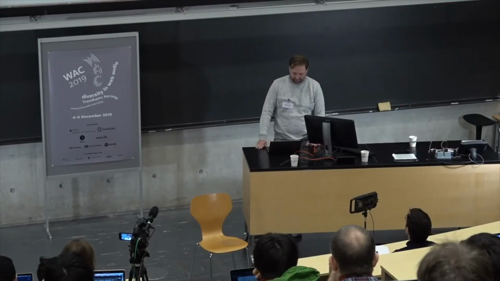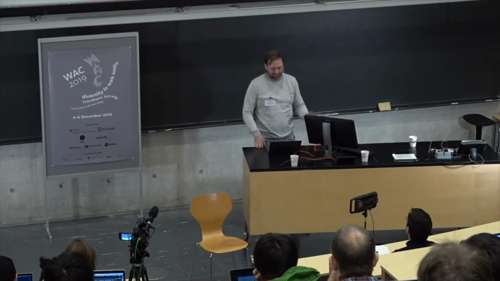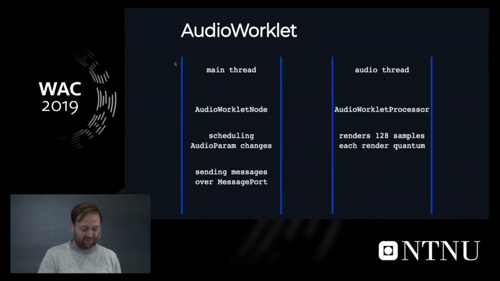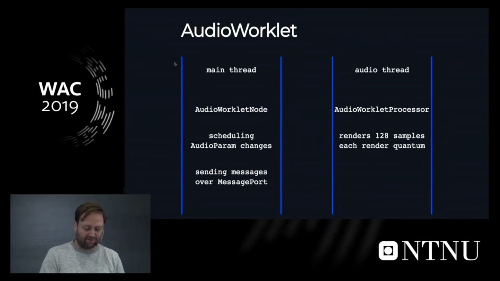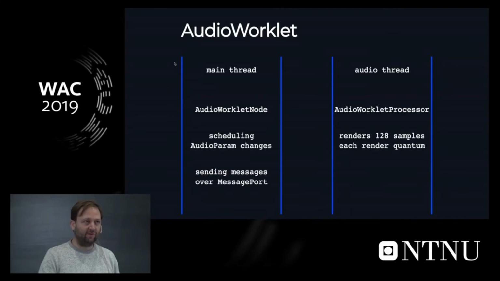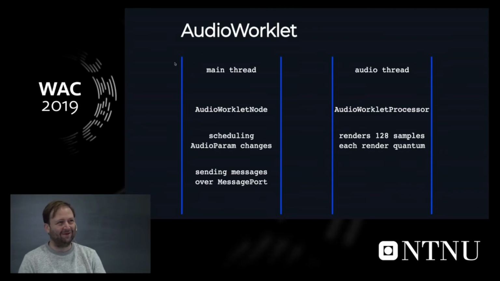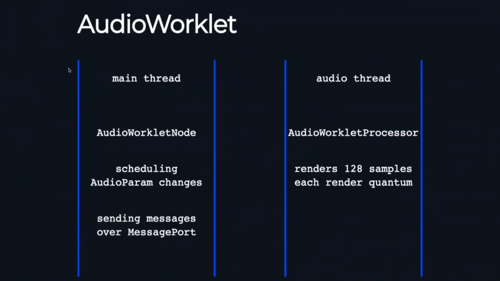But we do have the AudioWorklet now, which also lives on both threads. It lives on the audio thread and on the main thread, but it doesn't have any asynchronous communication anymore. It still has it, but not for the rendering. So the rendering is completely handled in the audio thread on the right side. And it's done by the AudioWorklet processor, which is only concerned with rendering 128 samples, each render quantum.